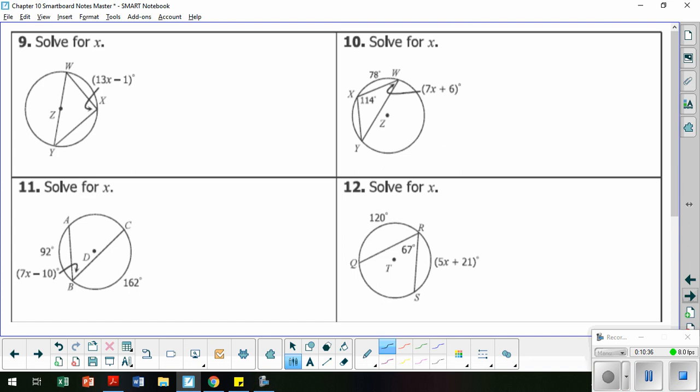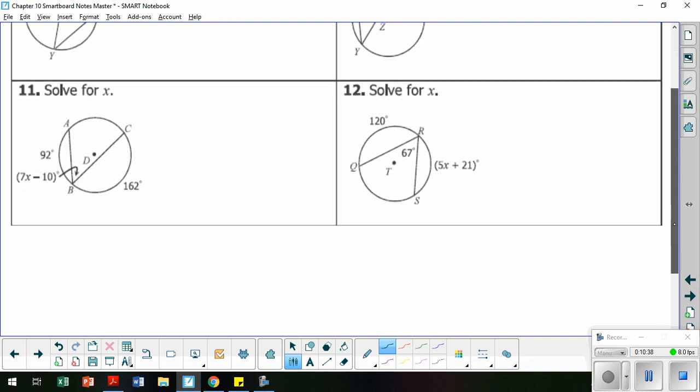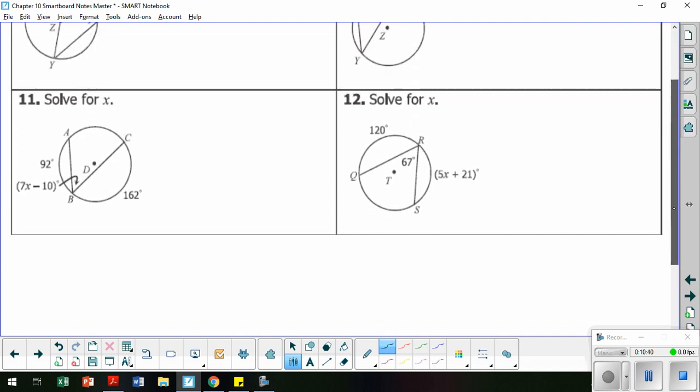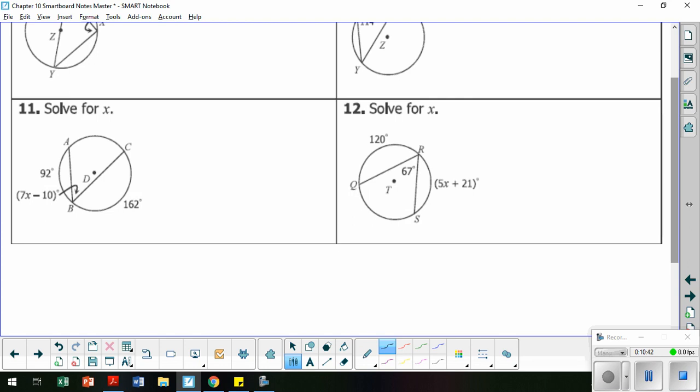We're going to go to number 13 here. And actually, let's do 12 first. If we're looking at 12, we know this arc, we know this arc, we need to figure out this arc, right? But we still need to solve for x. So the angle is going to be half that arc.